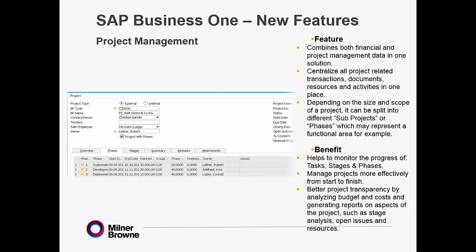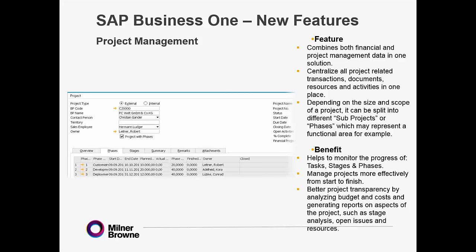It starts to introduce the notion of phases, stages, tasks, etc. So if your business gets involved in project type work and you want to make a start on tracking that through Business One, more so than just on the financial level, which is really what you can do now with the project analysis, you can now group everything together.